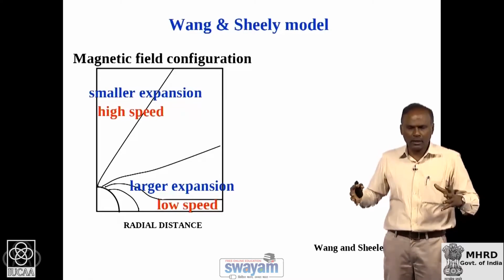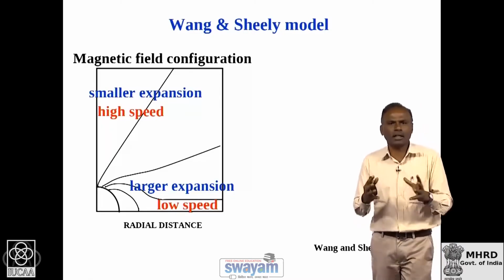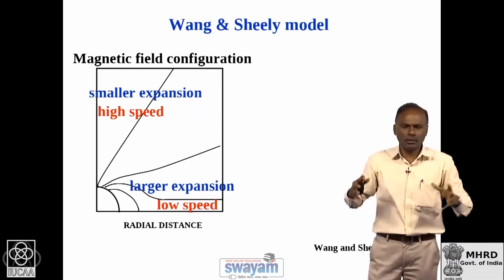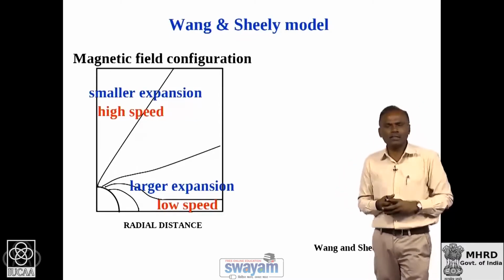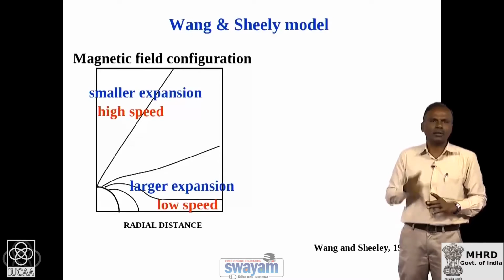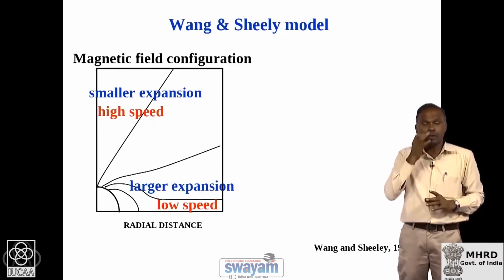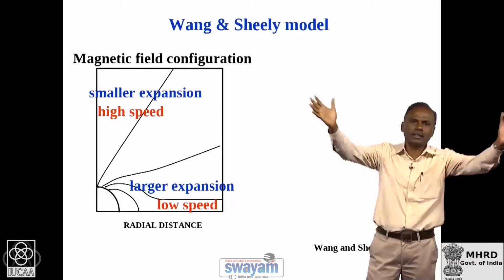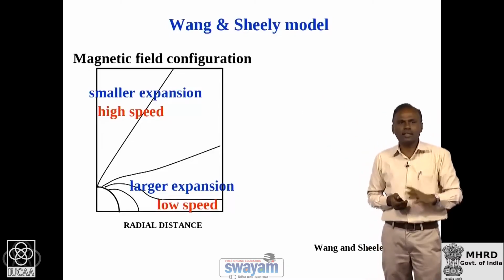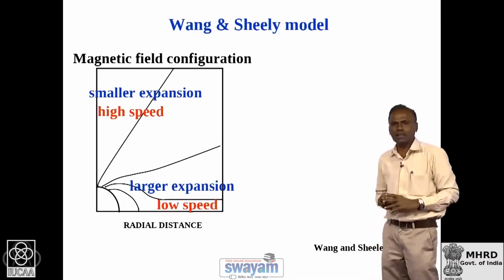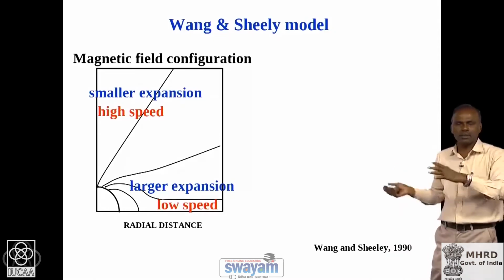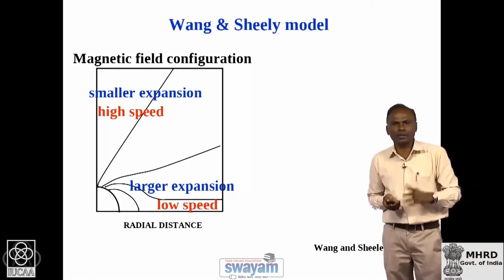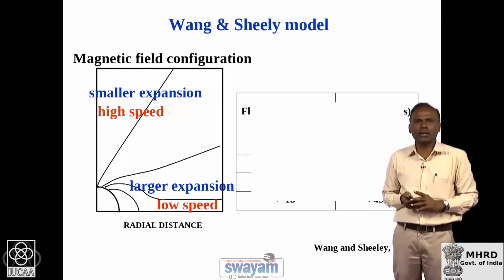If the bundling of the magnetic flux lines is regular, or if the bundling is very good for a larger distance, they involve high speed wind. If the bundling becomes loose and the magnetic field expands rather largely, they involve low speed wind. This study can be seen in the Wang and Sheeley 1990 paper. This is known as the Wang and Sheeley model.